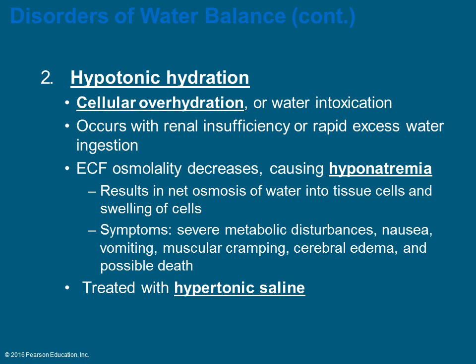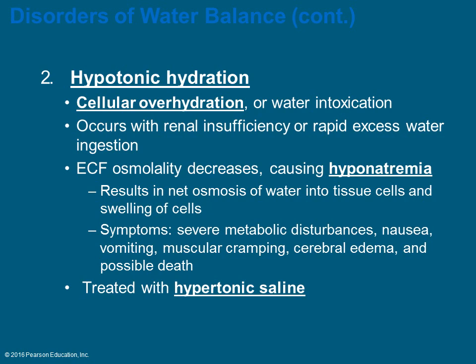Hypotonic dehydration is due to what's known as cellular overhydration, or oftentimes just water intoxication. If the kidneys are not functioning properly or if there is a rapid, huge ingestion of water, this water intoxication can occur.